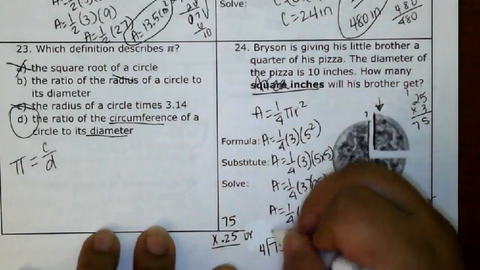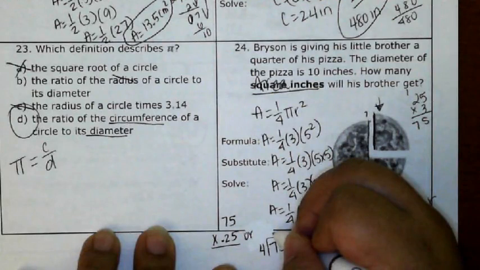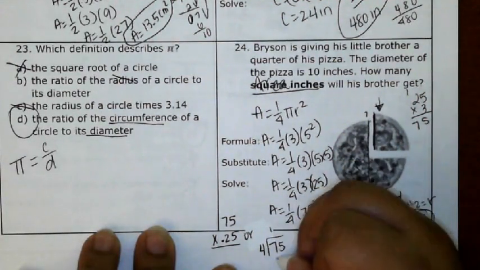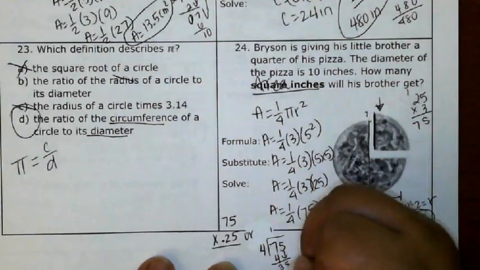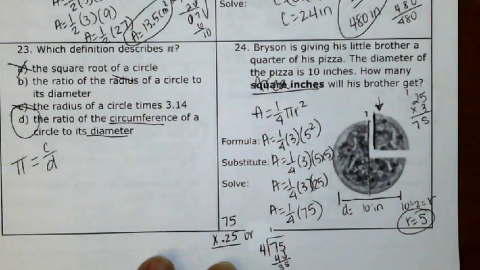That would bring 5 down. 4 can go into, let's see, 4 times 6 is 24. 4 times 7 is 28. Let's try 4 times 8, which is 32. So 4 times 8 is 32. 5 minus 2 is 3.